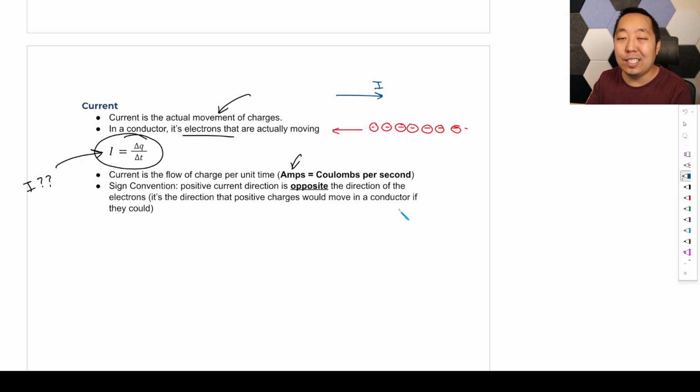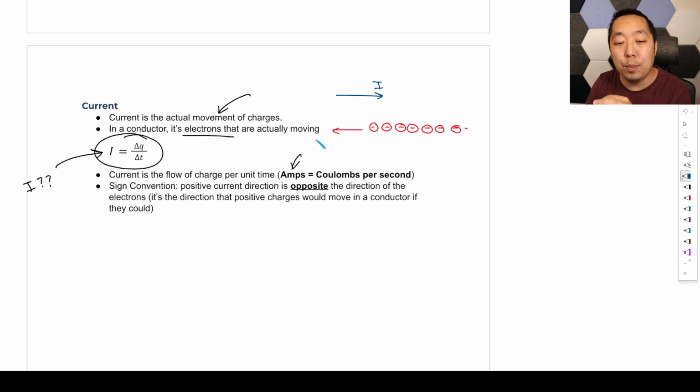And so in a way we abstract away, don't worry that it's actually electrons. Just imagine that there are positive charges that are moving. Current would be the direction those positive charges were moving. In reality, it's not positive charges moving, but that is how the sign convention of current works: it is moving in the direction that a positive charge would theoretically go, or opposite the direction that the electrons would go.